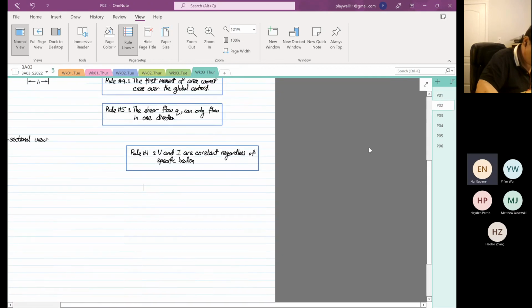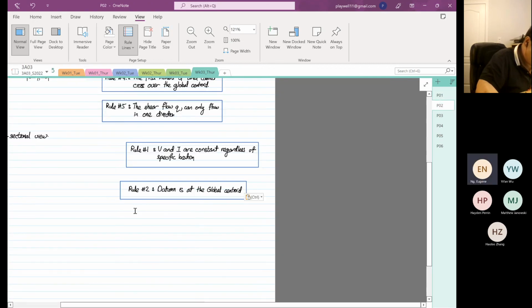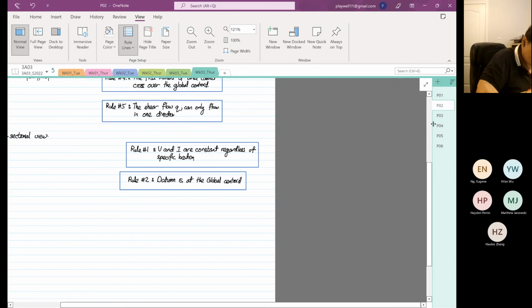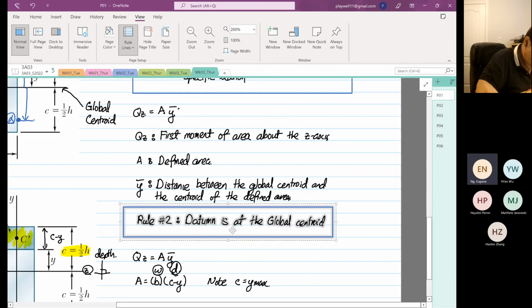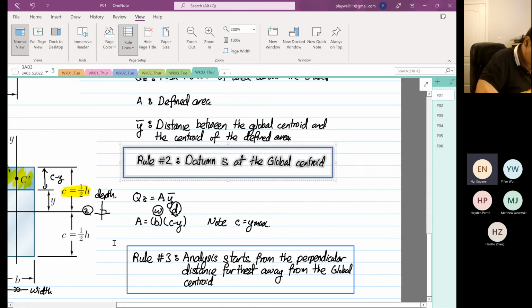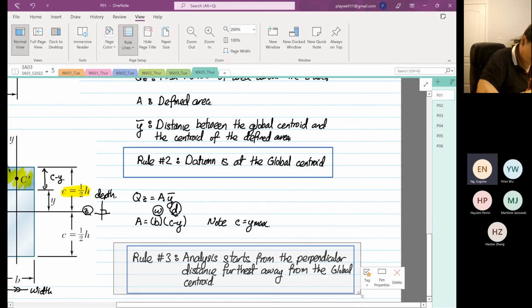Where the datum is at the global centroid, rule number 2. And then we have rule number 3, where the analysis starts from the perpendicular distance furthest away from the global centroid.